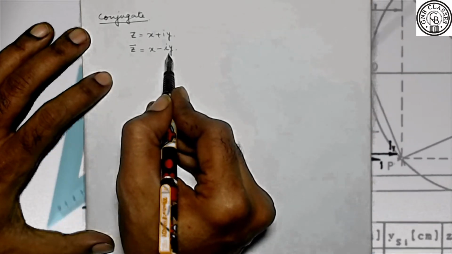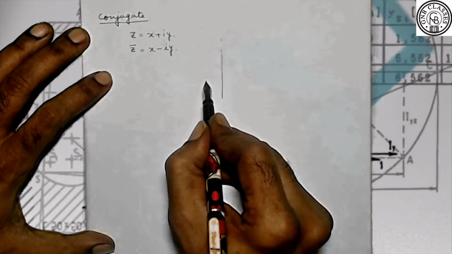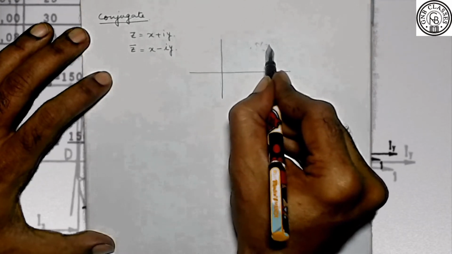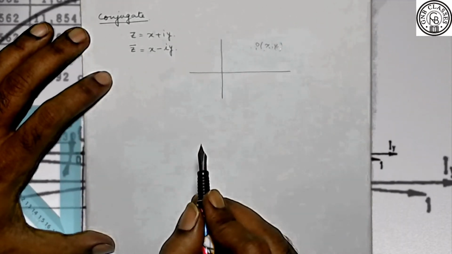Now, graphically, how will we represent this? Suppose a point P is there associated with the complex number (x, y).